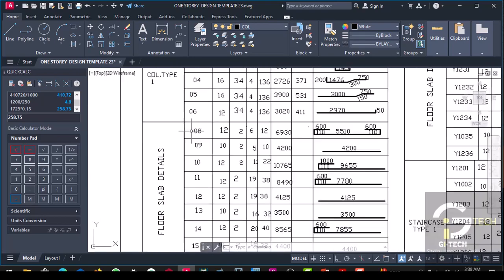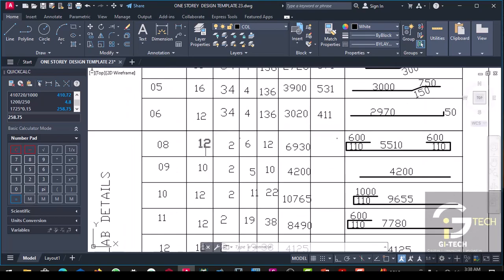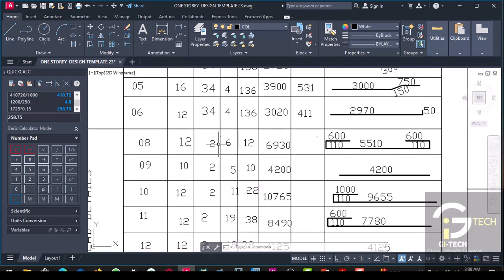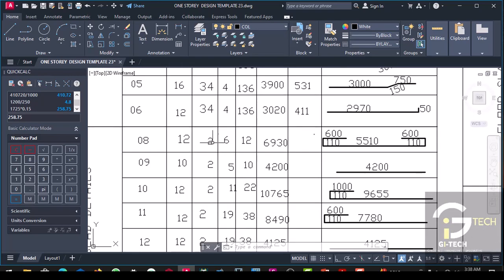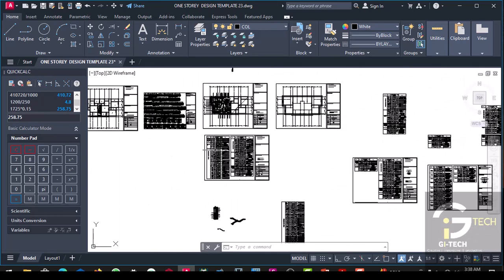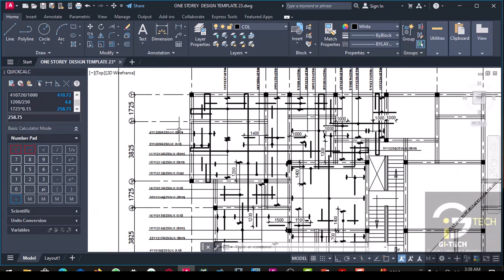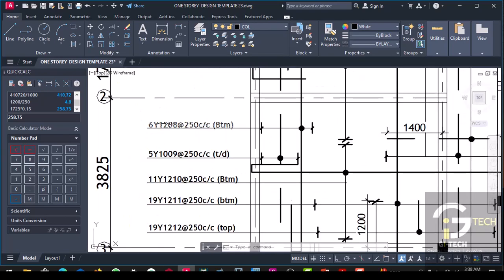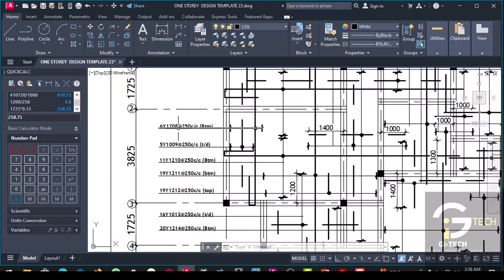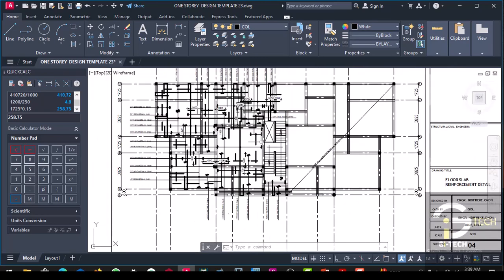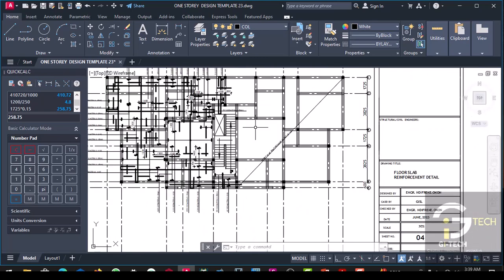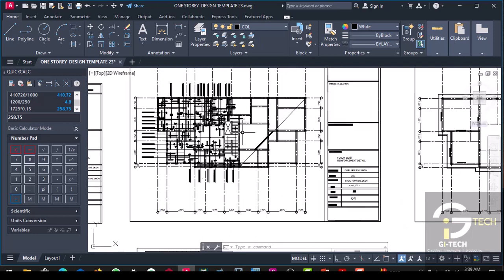Okay, so 08. So we have the diameter here is 12. Then number of bars is 2. Why is it 2? When you look at this slab, you know that this slab is symmetrical.